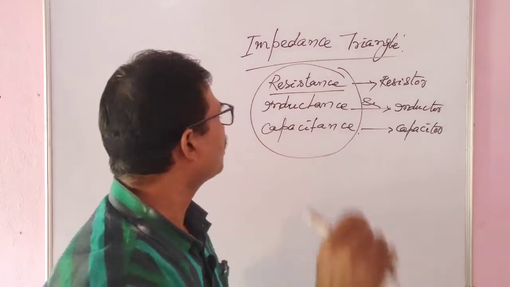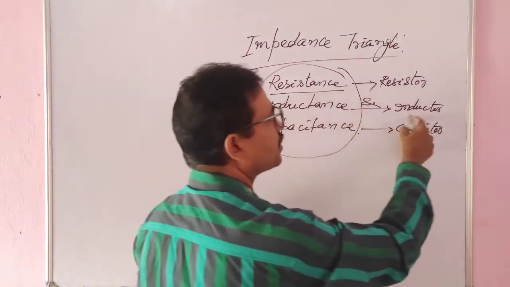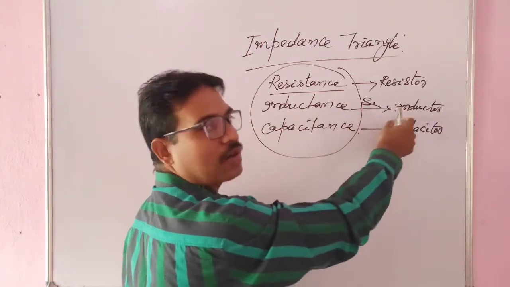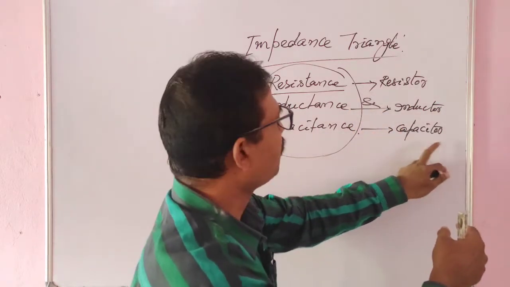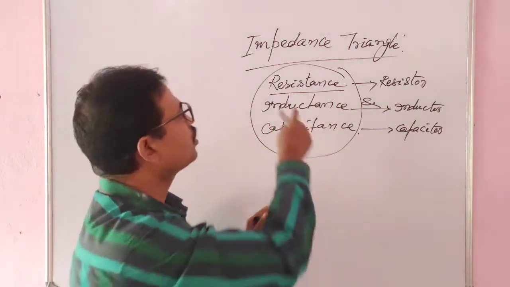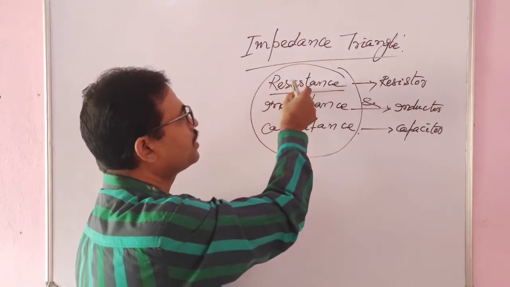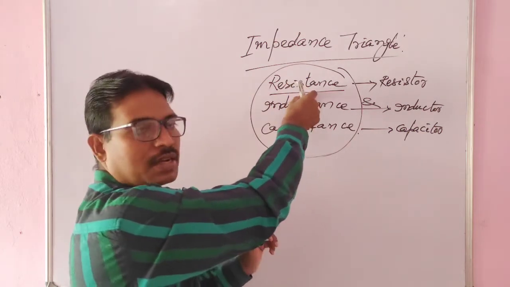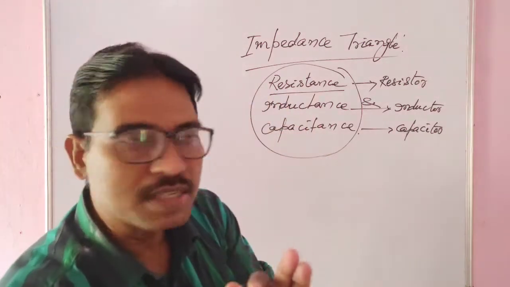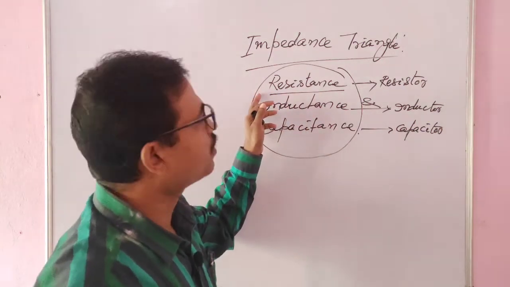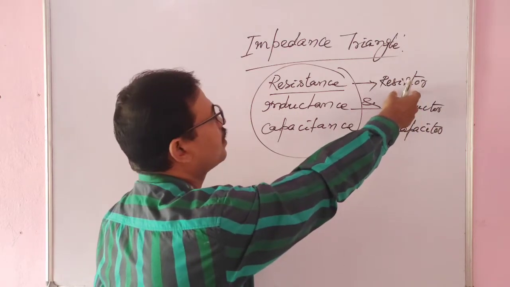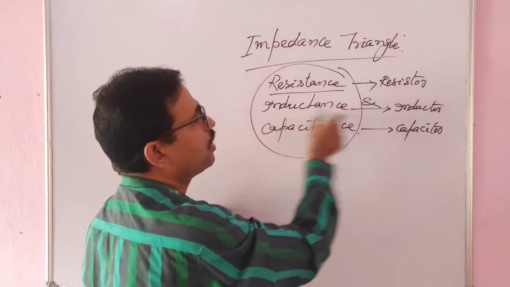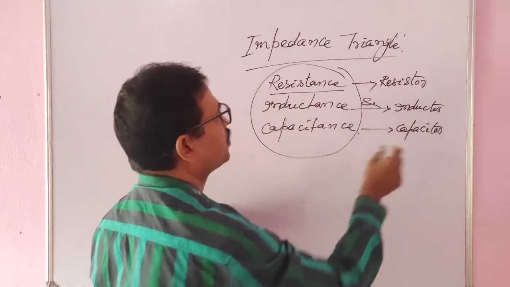Resist, resistor, resistance. Inductor, inductance, origin word, and all are derived. Capacity, capacitor, capacitance. Just try to understand this one. It is the property of a conductor which opposes the flow of current through it. Opposition factor by conductor, resistor, opposition by inductor, opposition by capacitor.